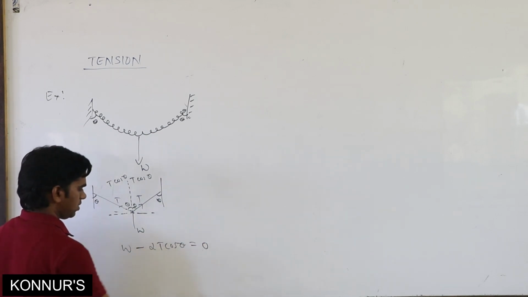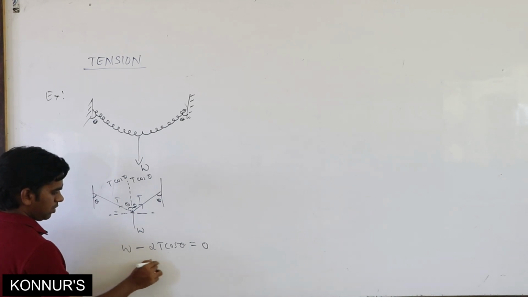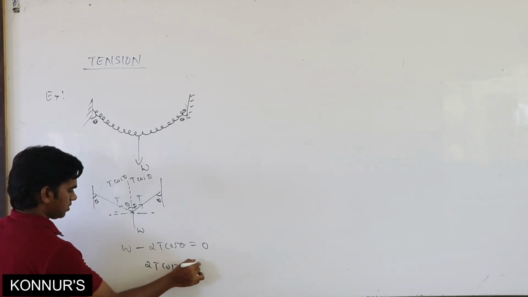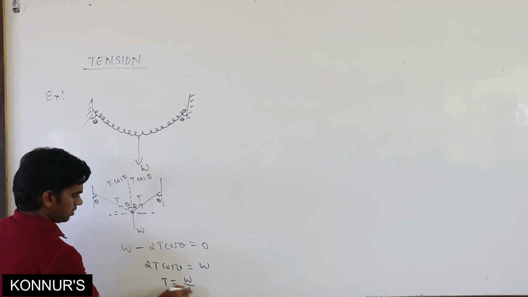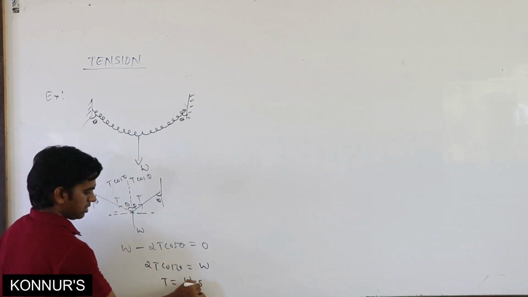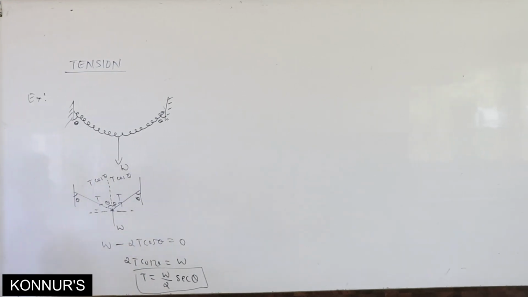It is not moving, so it is going to be 0. So 2T cos theta equals W, so T equals W by 2 into 1 by cos theta, which is sec theta. This is going to be our answer.